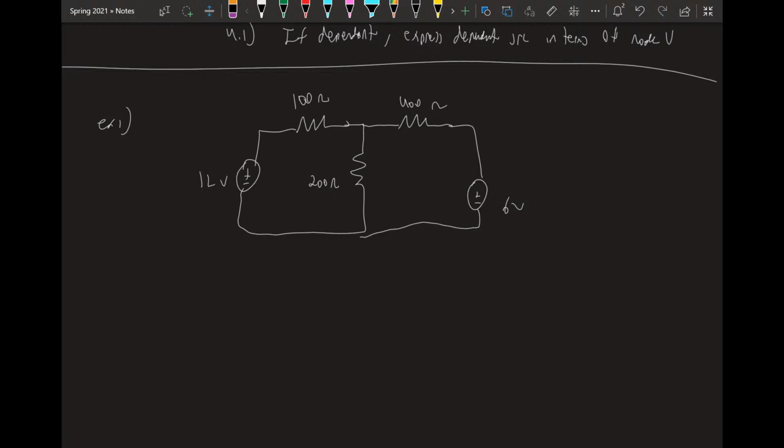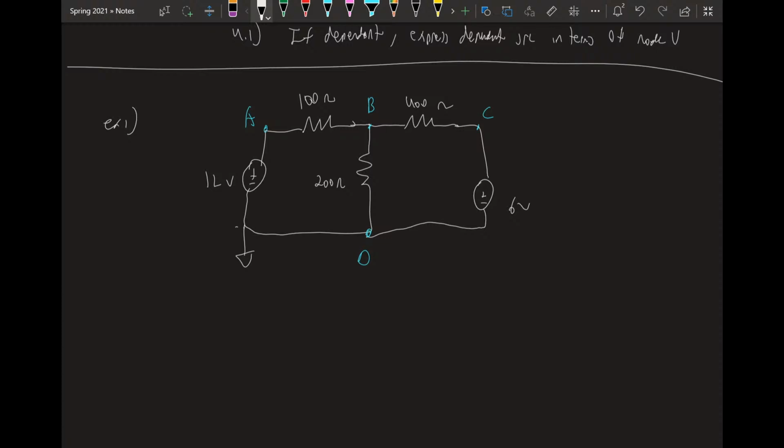I recommend drawing in your currents. Oh, right, you should also identify your nodes. Let's call this node A, this node B, this node C, and this node D. Let's define node D as ground, because it's the bottom of this voltage source.